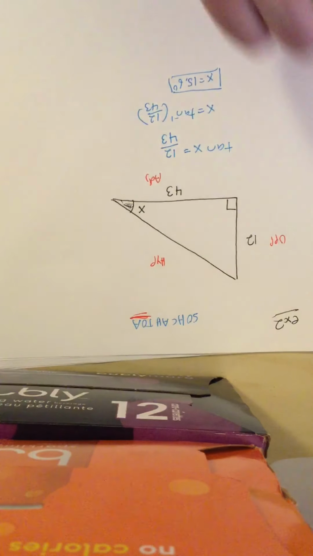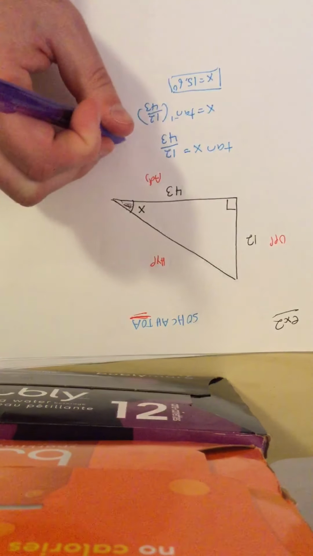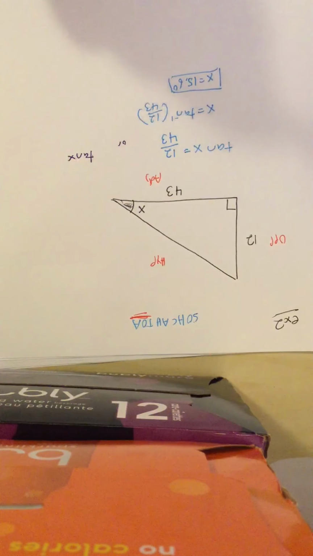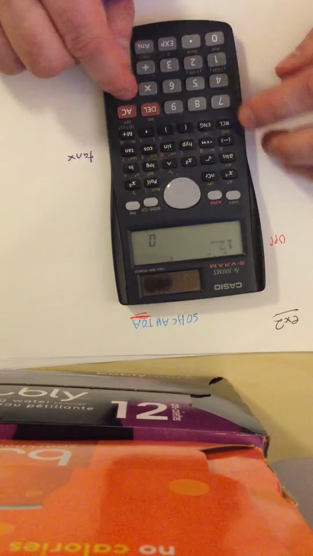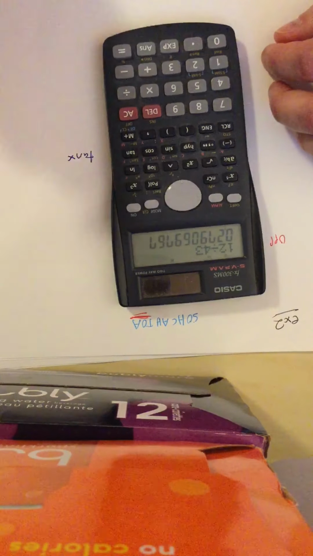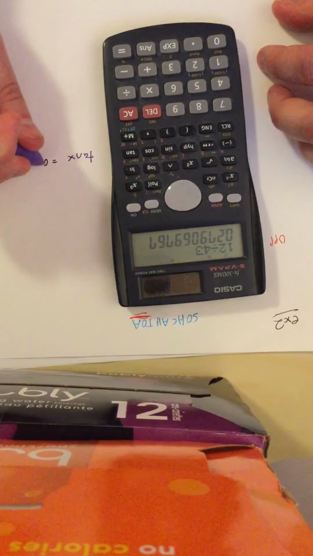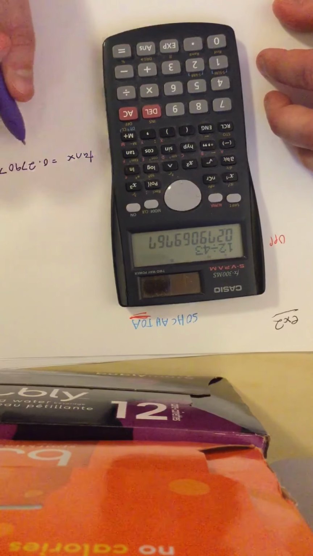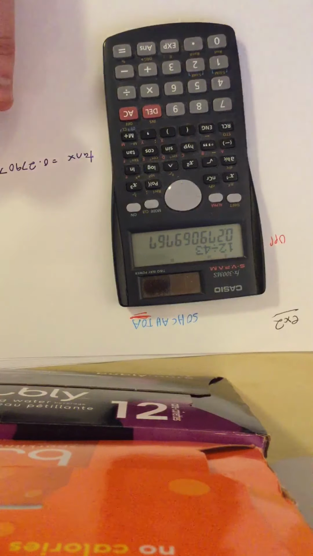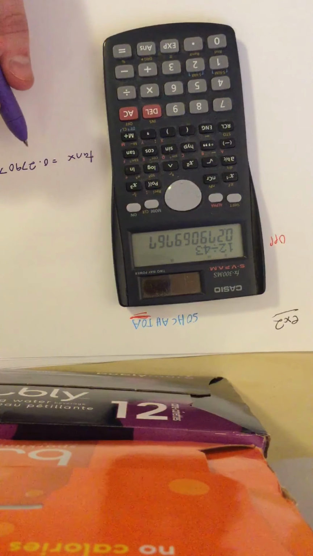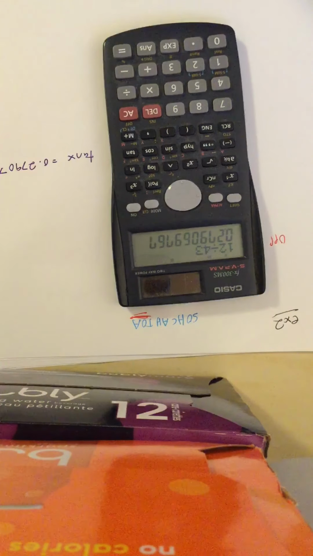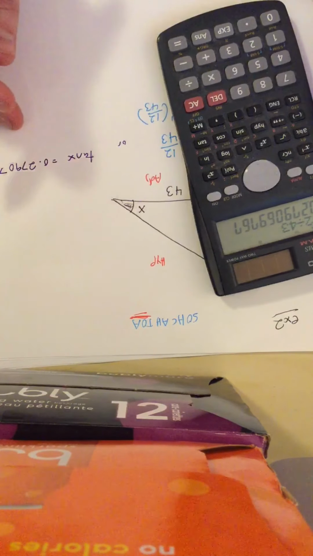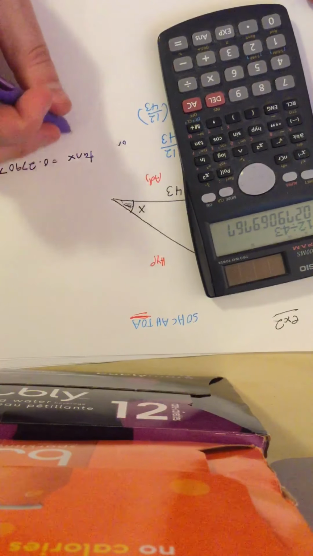What you could have done alternatively is we could have actually done 12 divided by 43, which is 0.27907. Remember to keep at least 4 numbers when you're doing this. If you make a small difference, it could really change the angle. So you want to keep a lot of different numbers. So tan of x equals 0.27907.